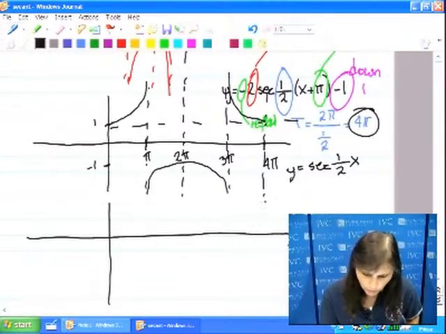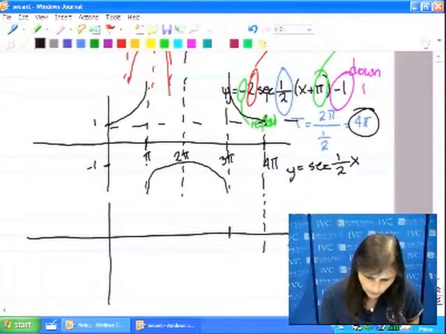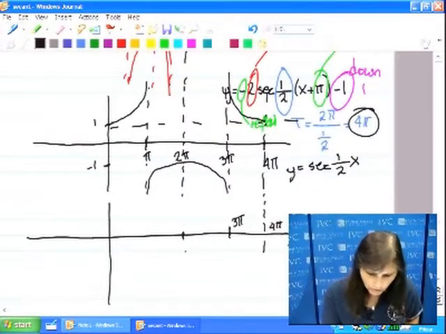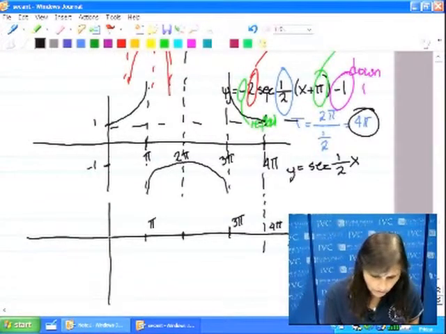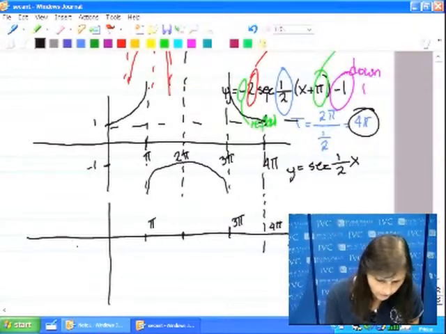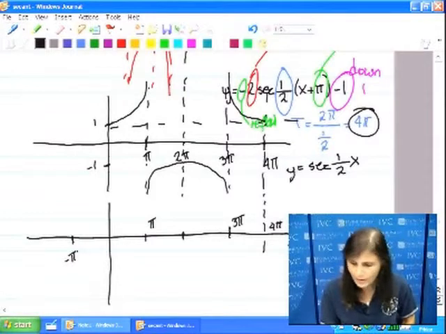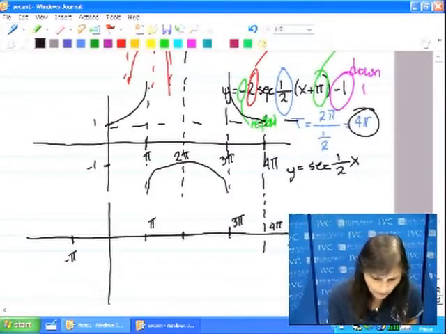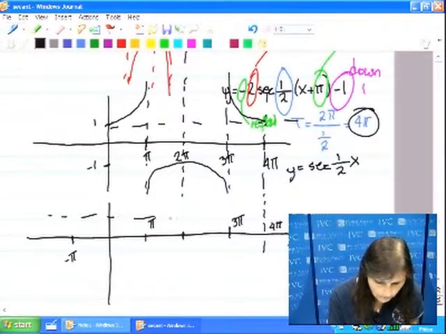It's going to move to 3 pi. This used to be 2 pi, and it's going to move to pi. It used to be at 0, so it's going to move to the left by pi. When I move everything to the left by pi, we get something like this.